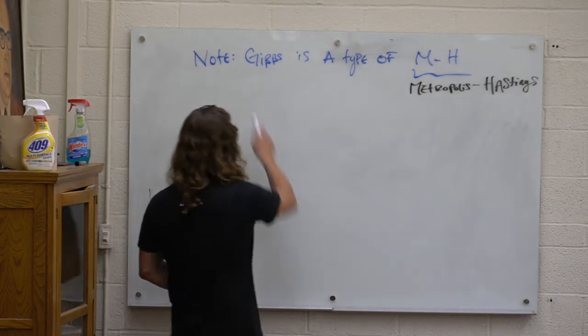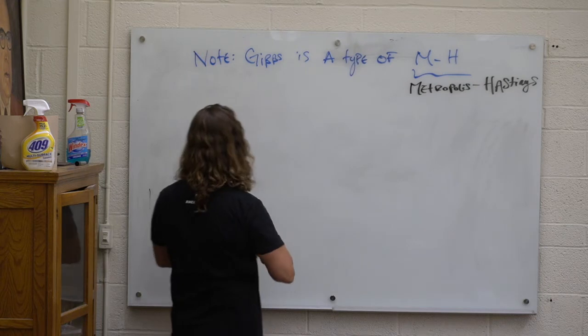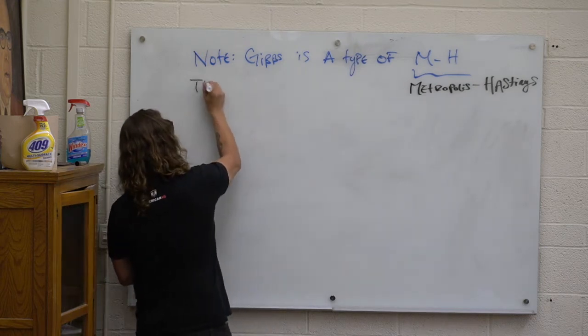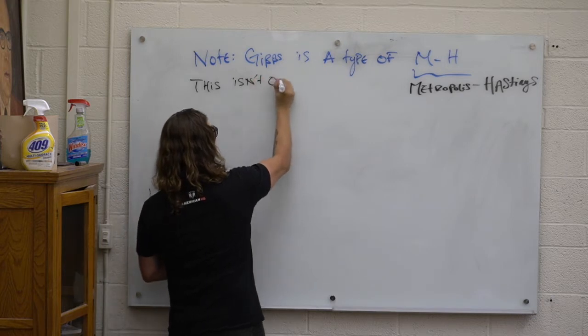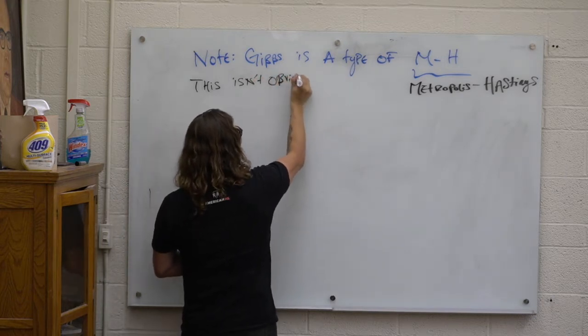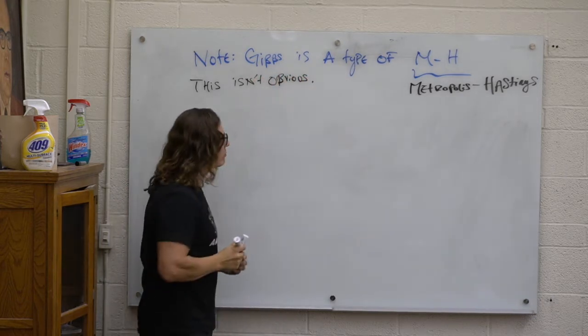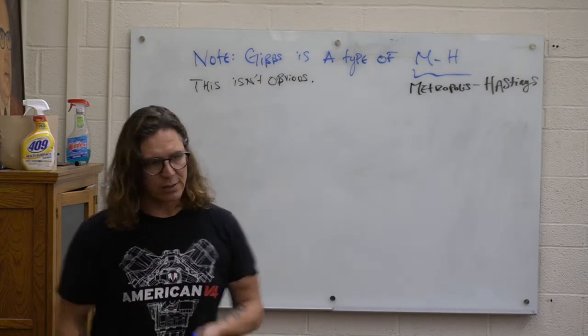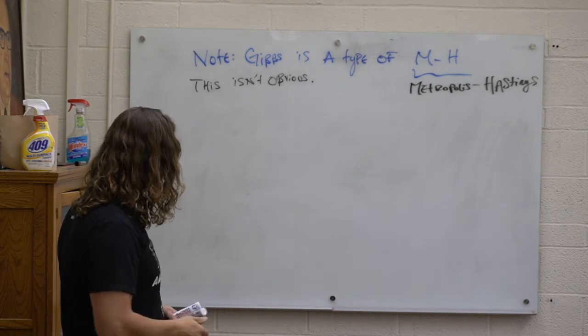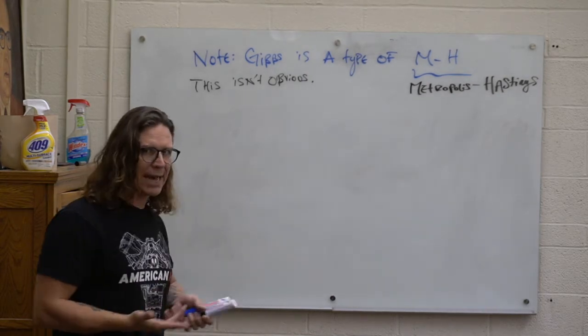So we'll prove this later. This isn't obvious. We'll go through, I think, enough of the theory to demonstrate that this is true. So don't worry if you don't see that automatically.